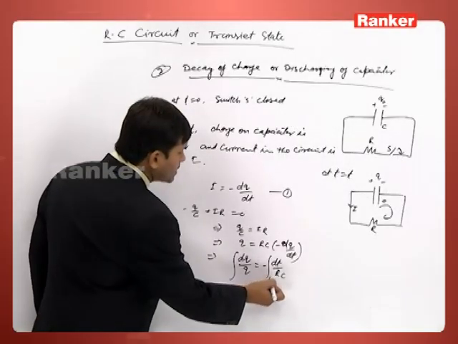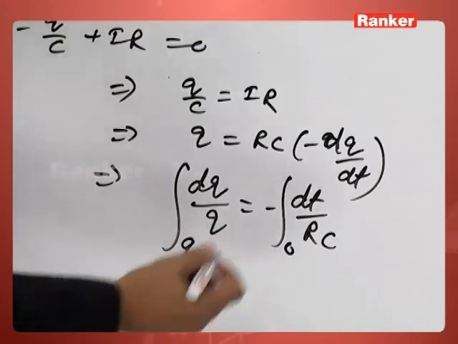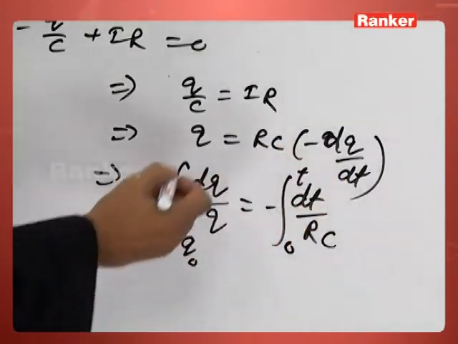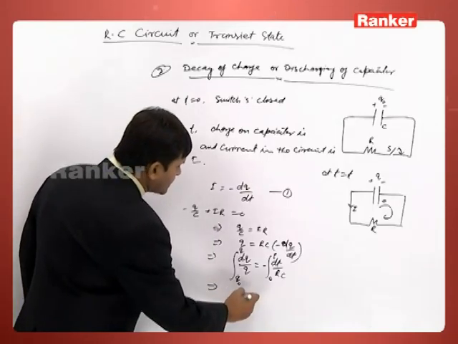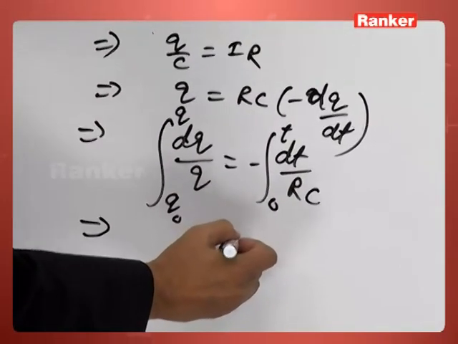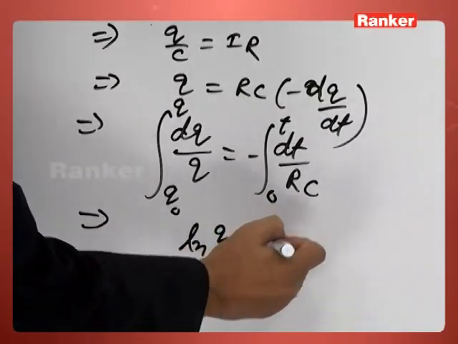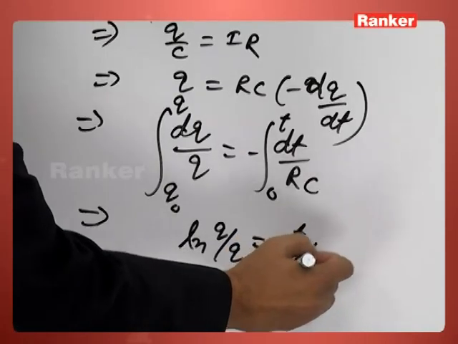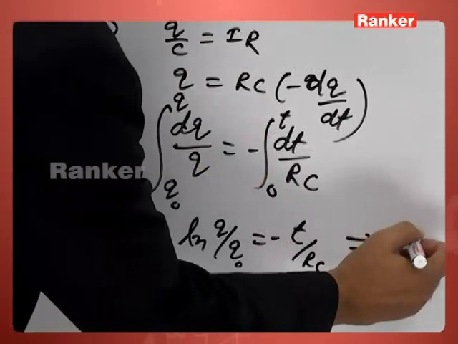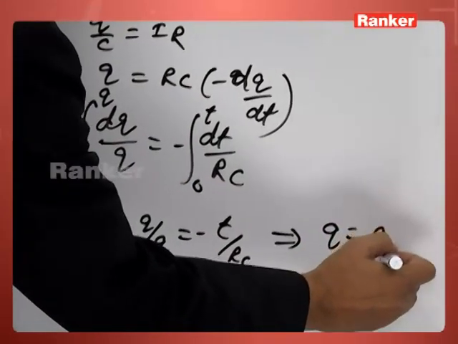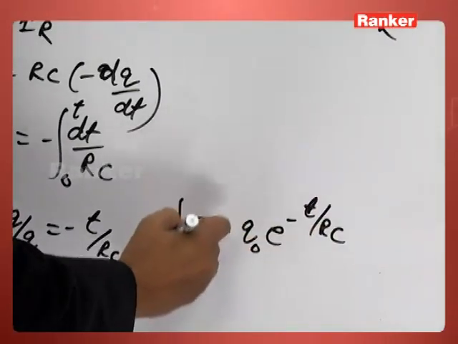When t is equal to 0, the charge on the capacitor was Q0. When t is t, the charge is Q. So this can be written as ln of Q by Q0 is equal to minus t by RC, and this gives us the relation Q is equal to Q0 e to the power minus t by RC.